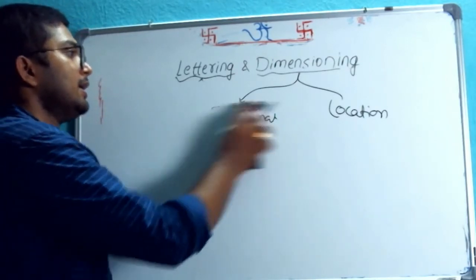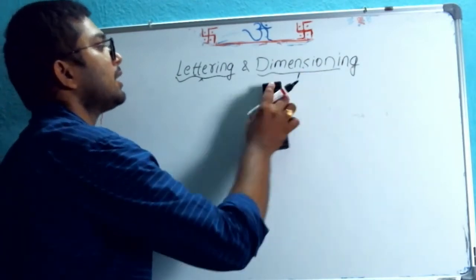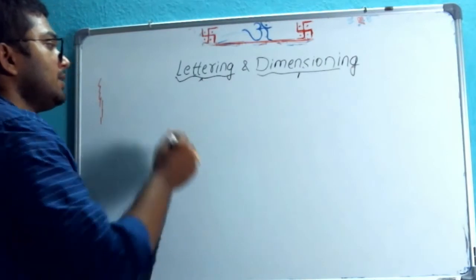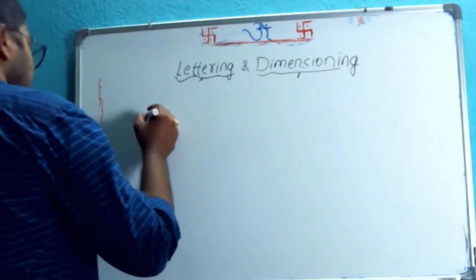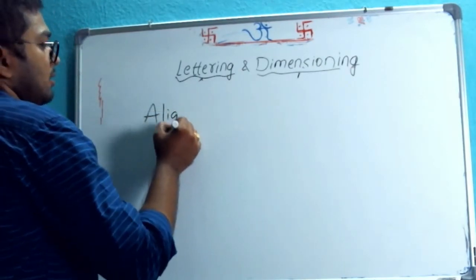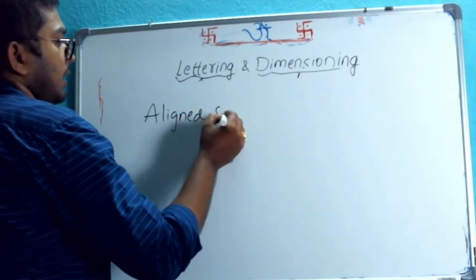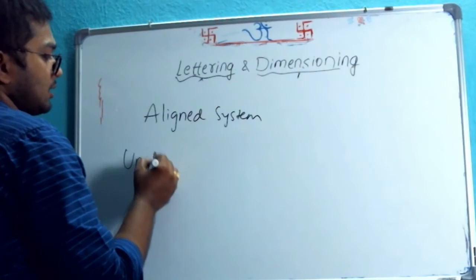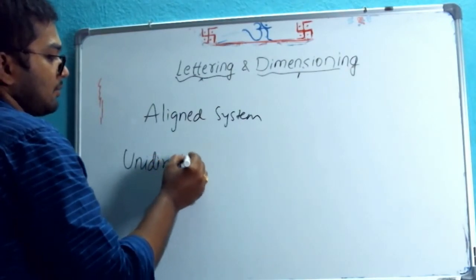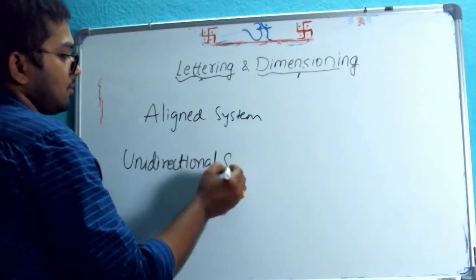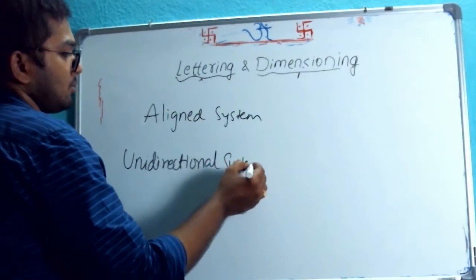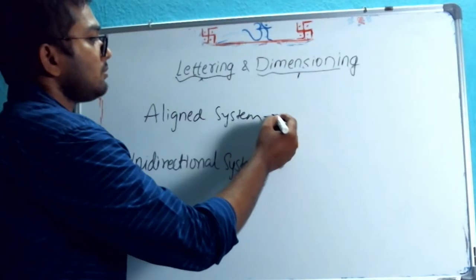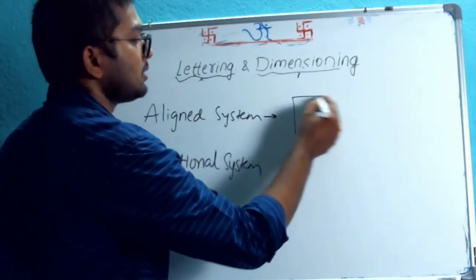Now that's okay. Again in dimensioning, there can be two types of classification. One is the aligned system and another is the unidirectional system. In the aligned system, say for example, this is my object.